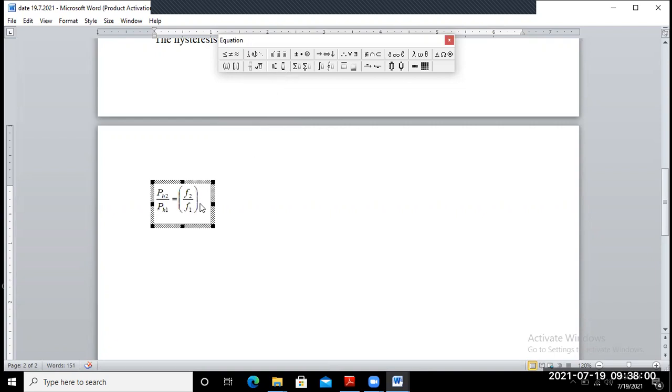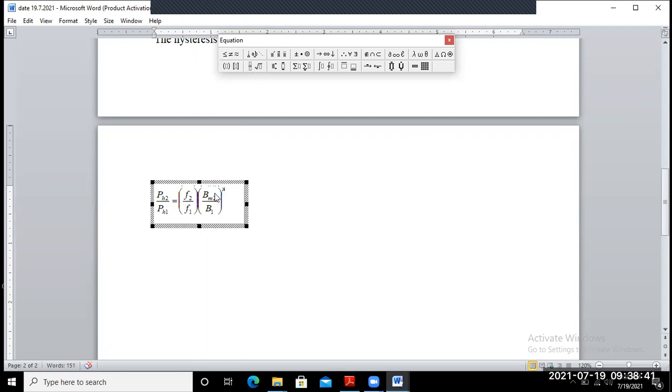So just put here the value of Ph1, F2, F1.